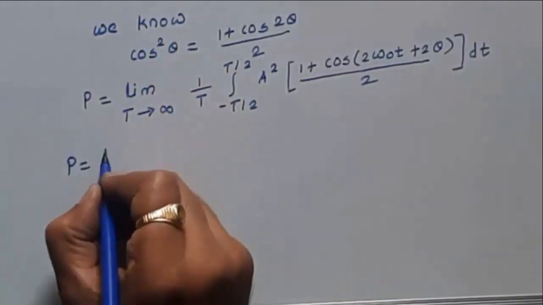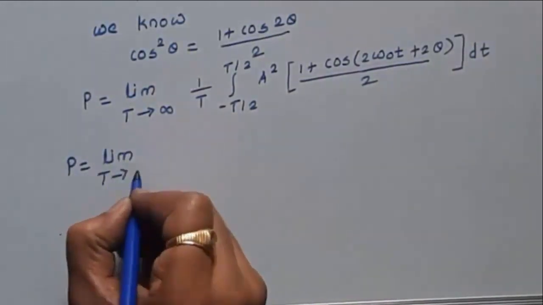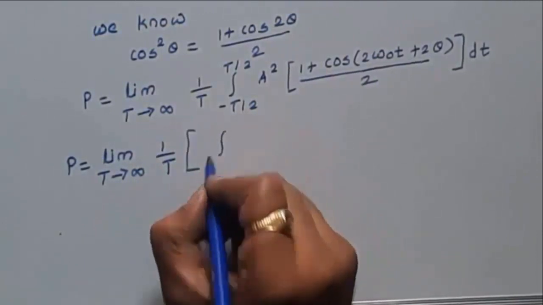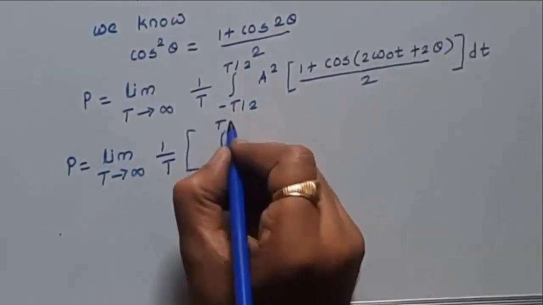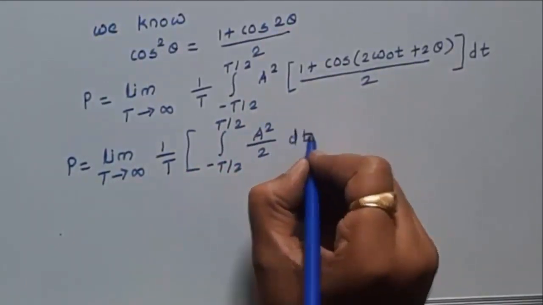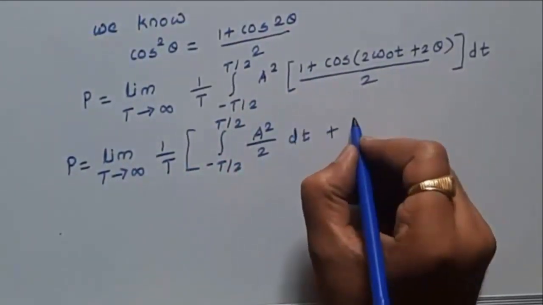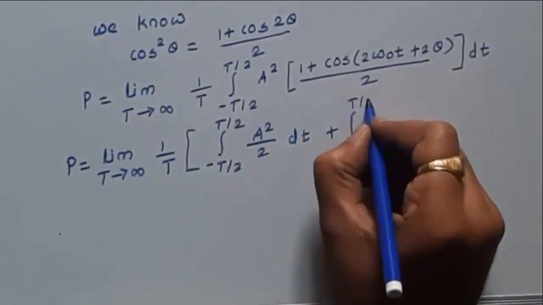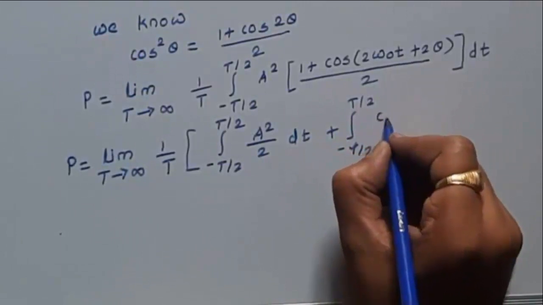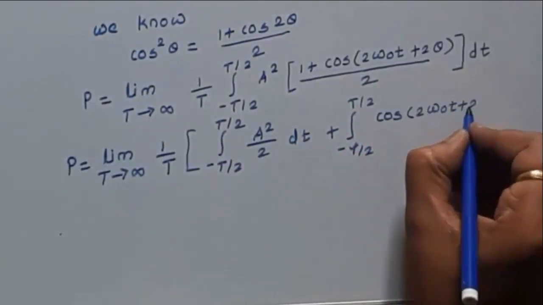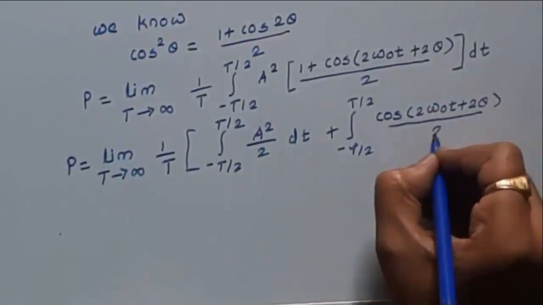If we multiply the a square term to the bracket term and separate the two terms, that is a square by 2 plus a square by 2 into cos of (2 omega 0 t plus 2 theta), we will get the following. Here I missed the a square term.